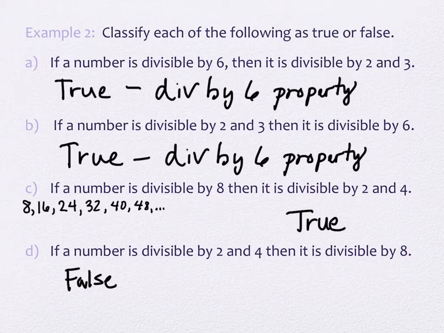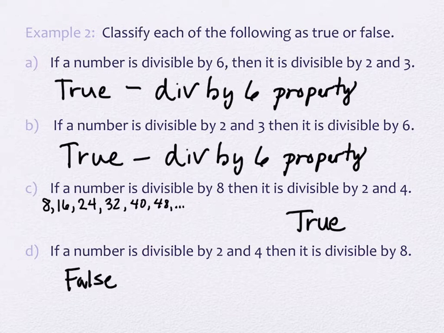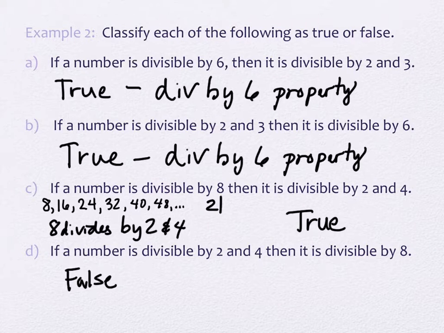But the reality is that 8 is divisible by 2 and 4, correct? Okay, so since 8 is divisible by 2 and 4, we could write 2 divides 8 and 4 divides 8. Agreed?